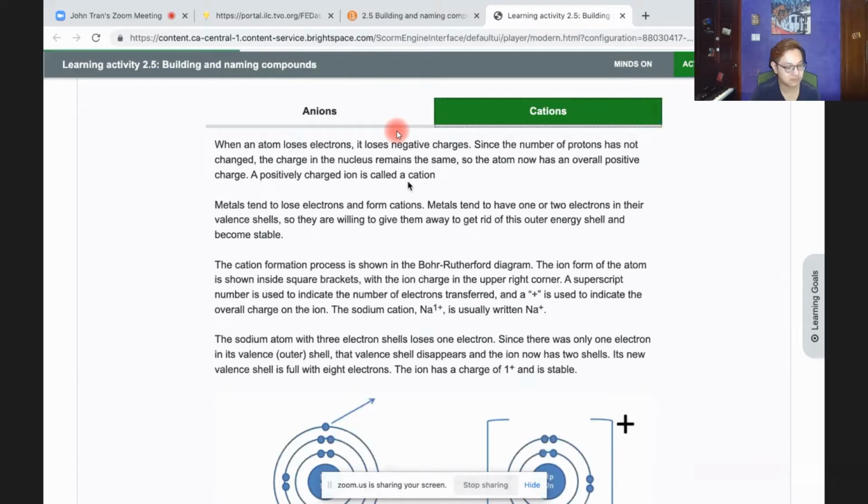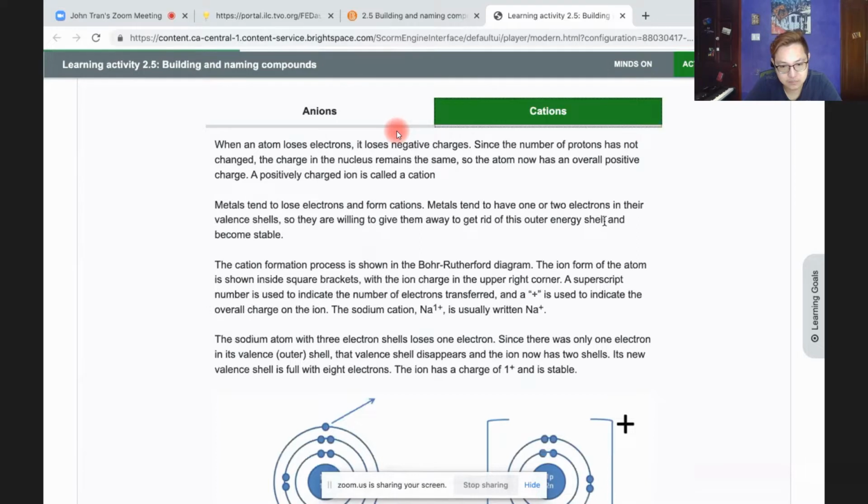Metals tend to lose electrons and form cations. Metals tend to have one or two electrons in their valence shell, so they are willing to give them away to get rid of this outer energy shell and become stable. The cation formation process is shown in the Bohr diagram.